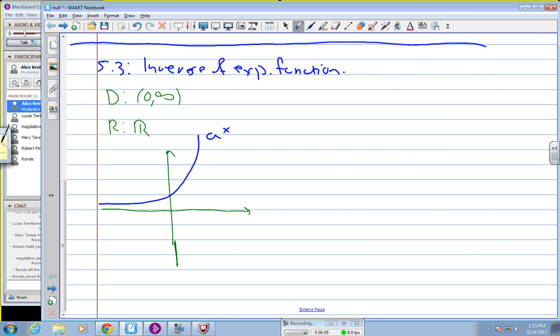And it passes through the point 0, 1 and has a y-intercept at 1. So therefore, what can you say about the intercept of an inverse function? Will it have a y-intercept or an x-intercept? X-intercept. Remember how we flip the order of x and y? So the inverse function will have this point, 1, 0. So it has an x-intercept.